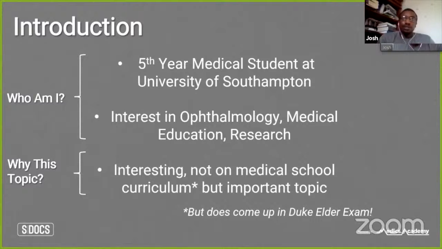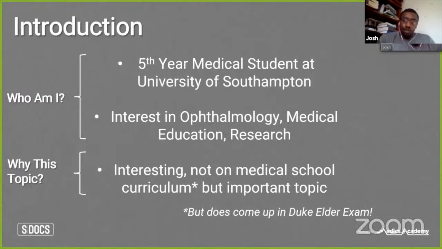I think it's interesting in terms of how it's working with global socio-economic development, and similar ideas such as that. And for those who are watching who are interested in taking the Duke Elder exam, the stuff that I've gone through in part 1 and part 2 and a bit of part 3 as well is important for the Duke Elder exam.